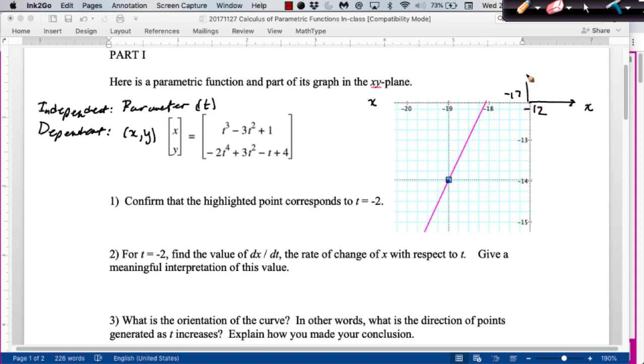You're not showing the origin, right? We're down here in the 4th quadrant. This is the point negative 17, negative 12. It's that point right there.